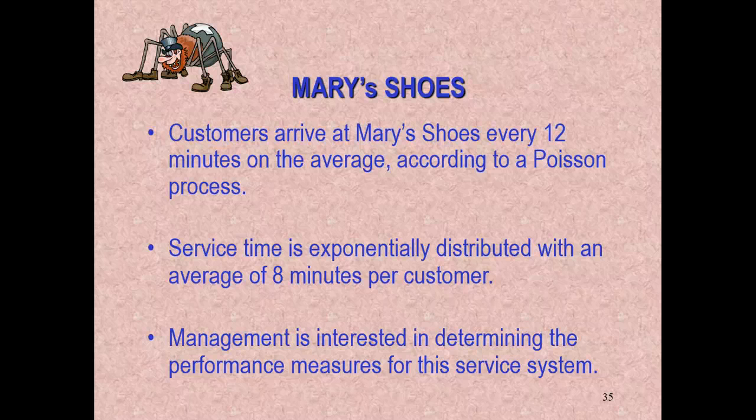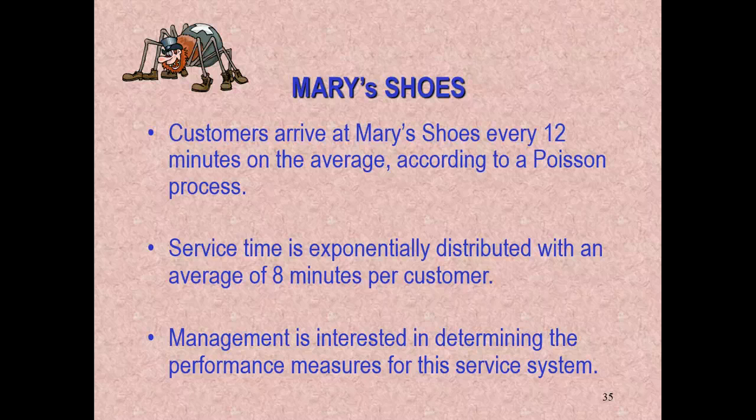So we have a ratio, and we want to solve for lambda. Cross multiply: 60 times 1 is 60, 12 times lambda is 12 lambda. Divide both sides by 12, and lambda is equal to 5 per hour. If you can just do it in your head like Adam did, that's fine, but if you want to do the math, that's how you do it. It's a ratio: 1 every 12 minutes is the same rate as 5 per 60 minutes. Does that make sense?